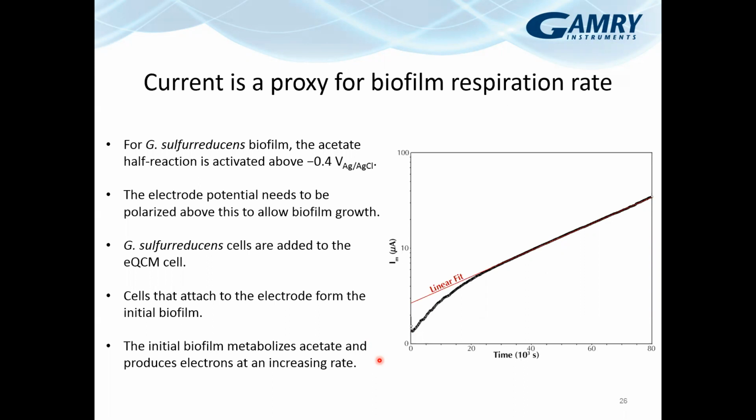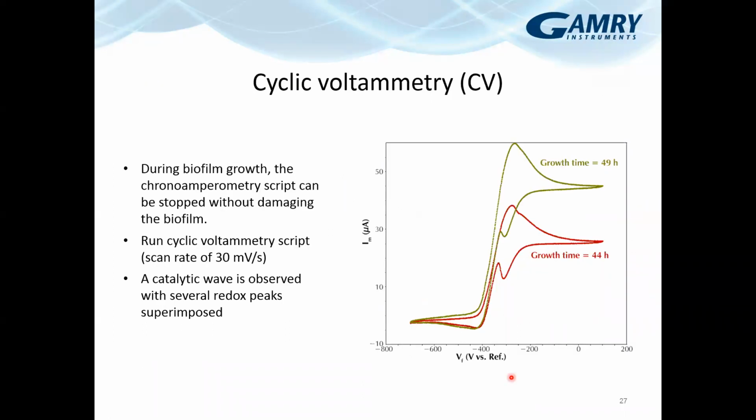Now, this is just basic biofilm electrochemistry: at any time during this growth phase, you can stop the voltage or the chronoamperometry script. If you're using one of our potentiostats, you can stop it and run a simple CV between minus 800 and 200 millivolts versus the reference electrode. You start negative and sweep the voltage.